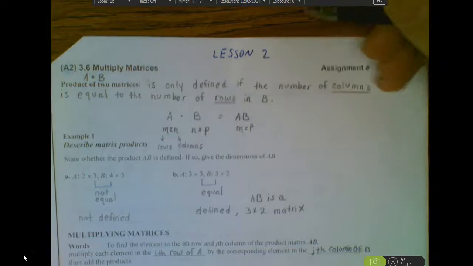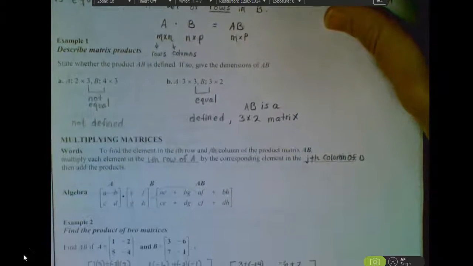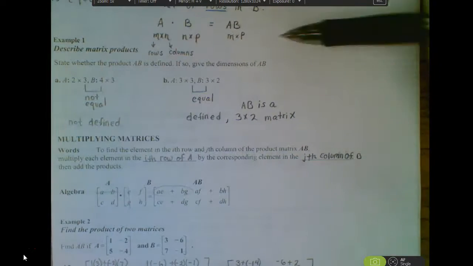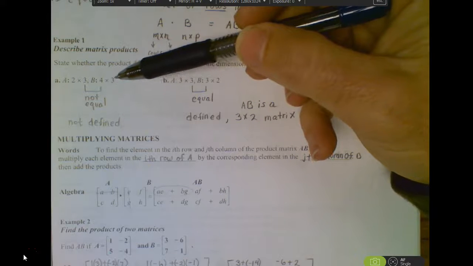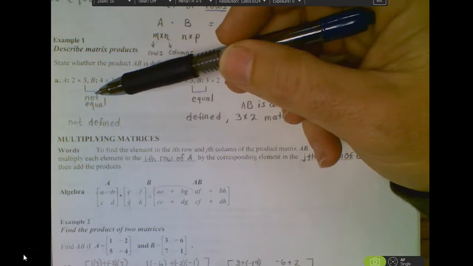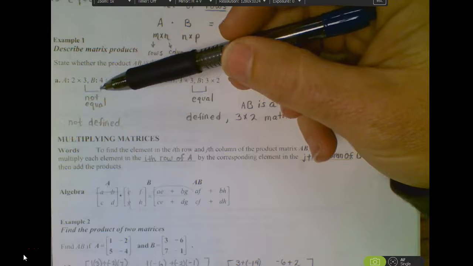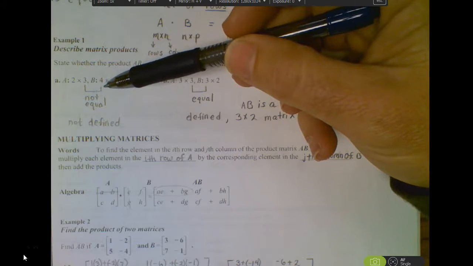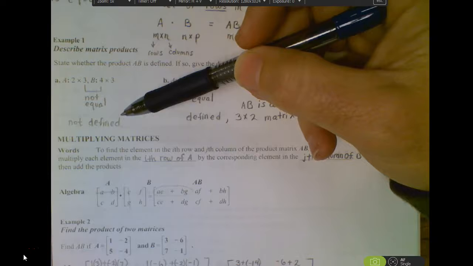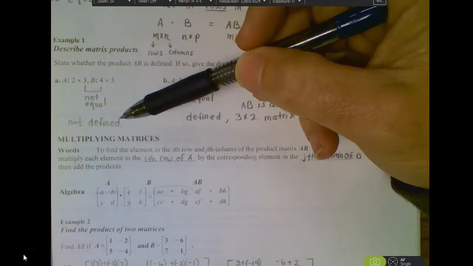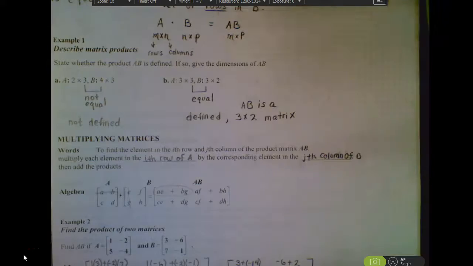Let's look at that with some real numbers here. If I wanted to multiply a 2 by 3 matrix with a 4 by 3 matrix, just like we were seeing up above, these interior numbers must match up in order for you to be able to multiply. If they don't match up, you simply say that you can't do it. It's like a no solution case, or not defined, or however you want to say that.